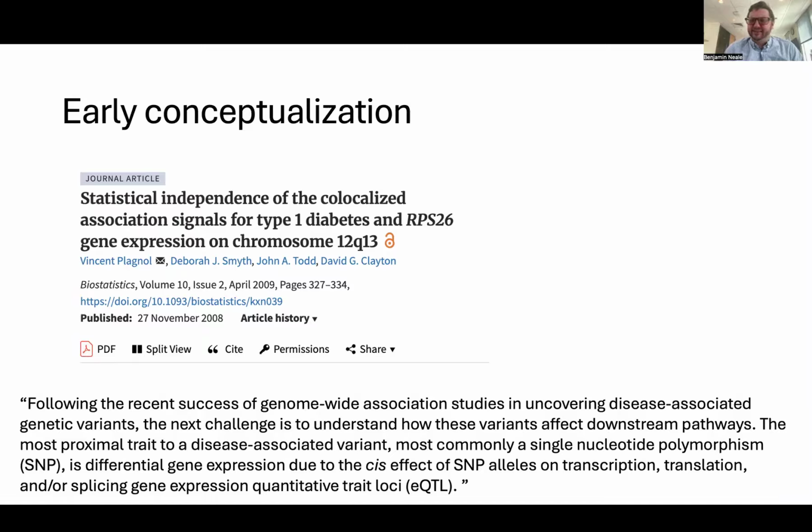And I think this is still a very salient question. I think we still have a long way to go in terms of understanding and interpreting the thousands of genetic associations that have been identified across a huge number of complex traits. And so these methods are still very much relevant today, even though the original ideas stretch back almost 20 years now.